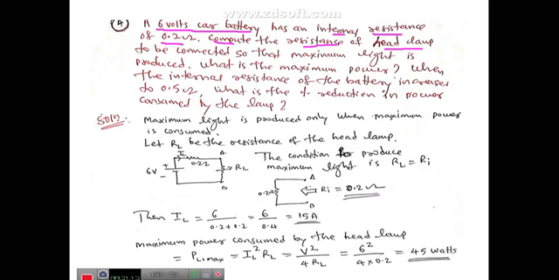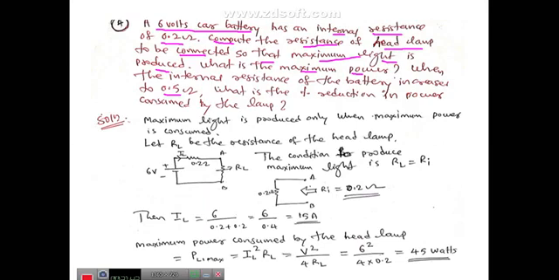The battery is used to light the headlamp of the car, and the headlamp is to be connected so that the maximum light is produced. Then what is the maximum power delivered to the headlamp?